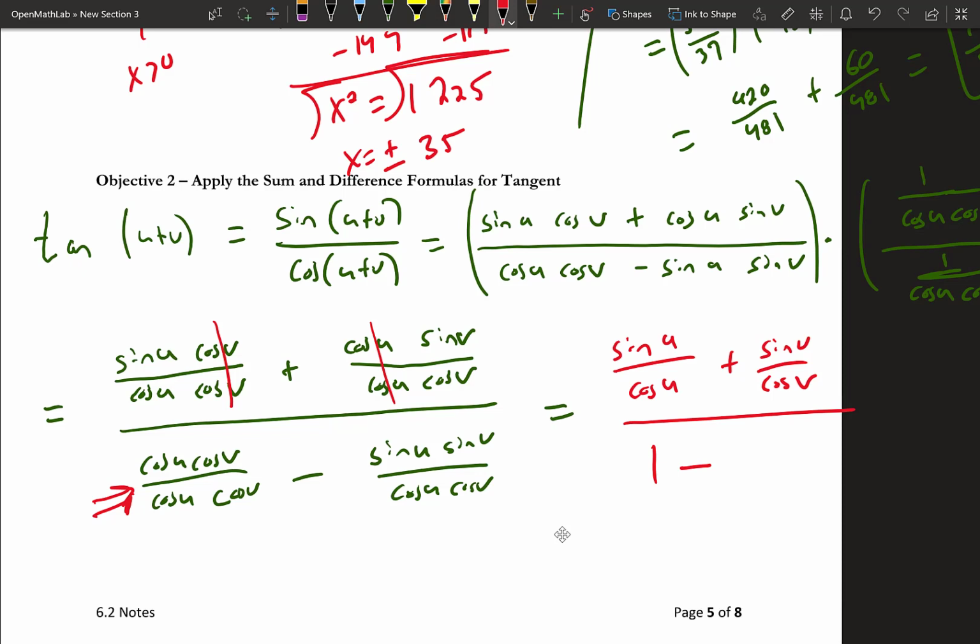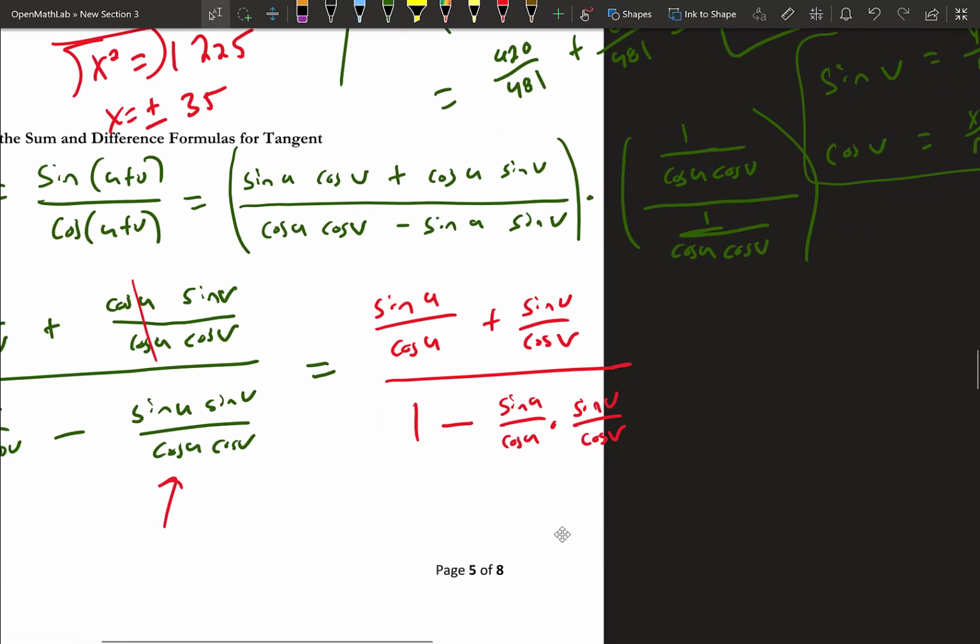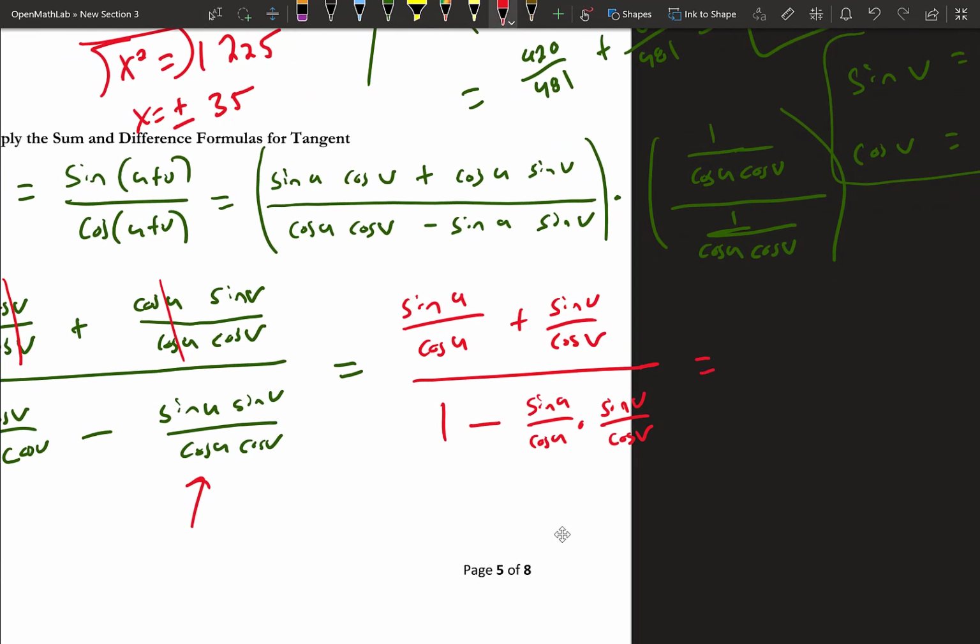And then I could rewrite this as sine u over cosine u times sine v over cosine v. That'll make it a little easier to see something. Now I can rewrite everything in terms of tangent. Sine u over cosine u is just tangent of u, and sine v over cosine v is tangent of v.